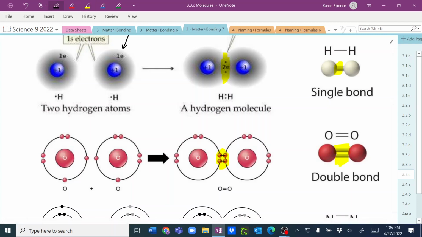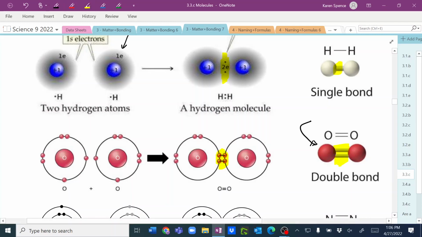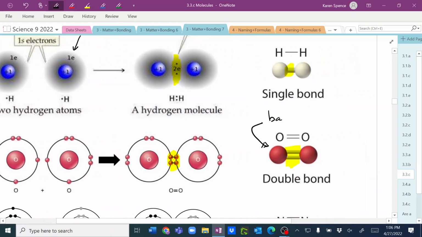And just to mention it here, this kind of model is called a ball and stick model, because guess what? It's made up of balls on the ends of sticks. Ball and stick model is very descriptive.